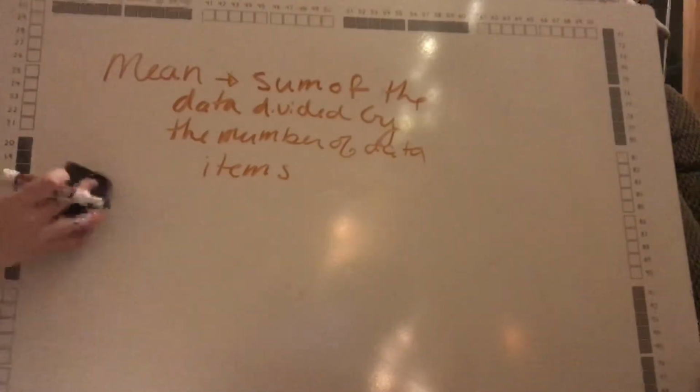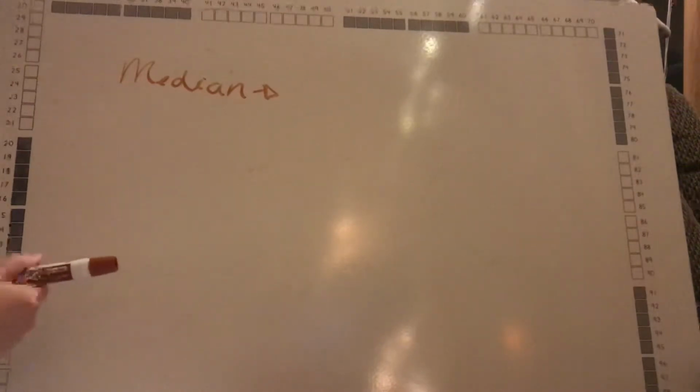The next one we have is median. And median is the middle value of an odd number of data items.